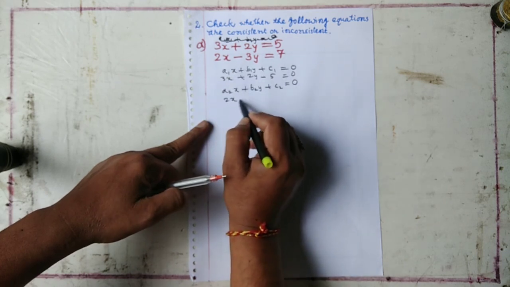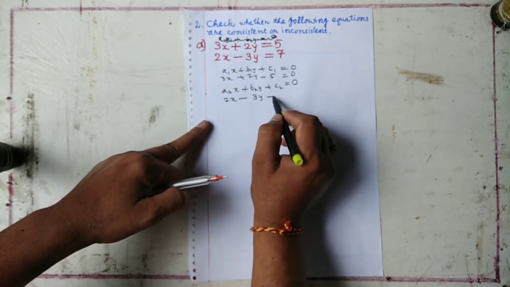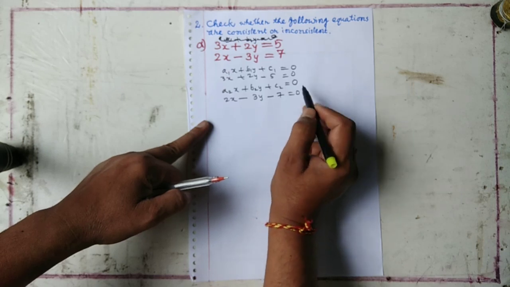Second, 2x minus 3y minus 7 is equal to 0.